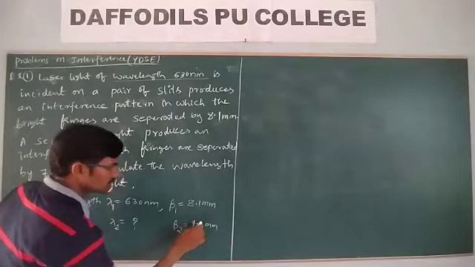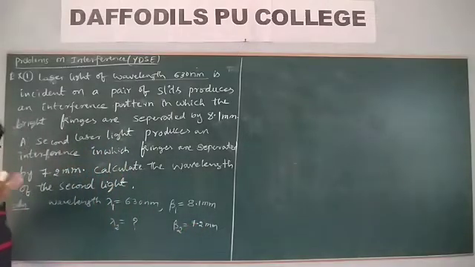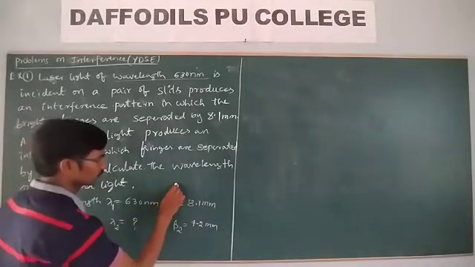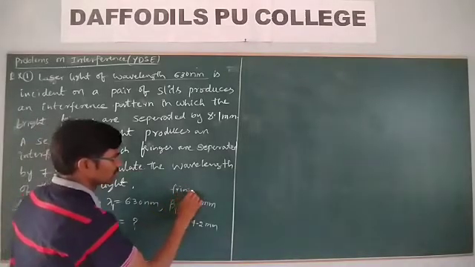That means we have changed the monochromatic source of light. First one laser light, next another color of light is taken. Beta 1 and beta 2 represent the fringe widths.